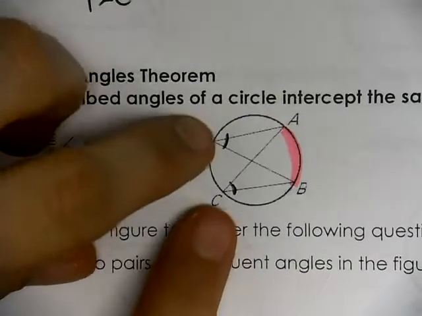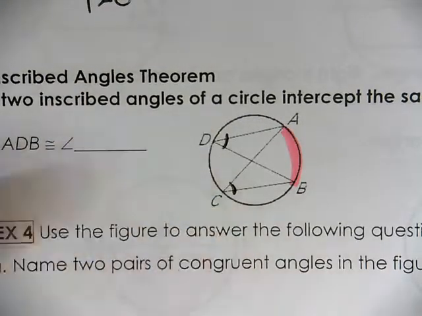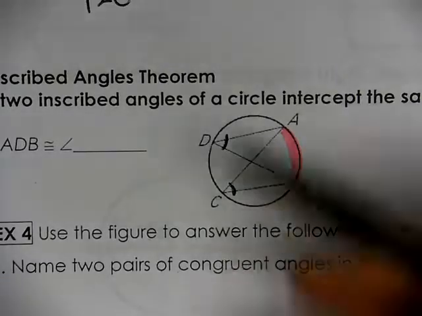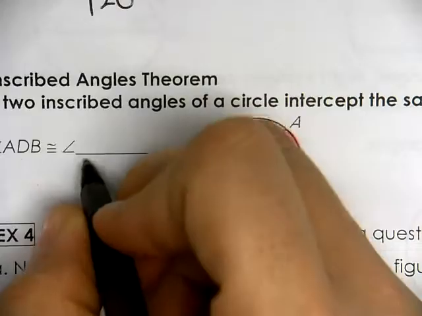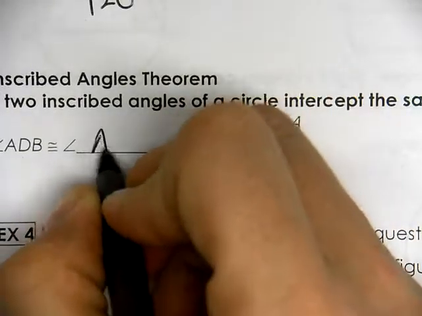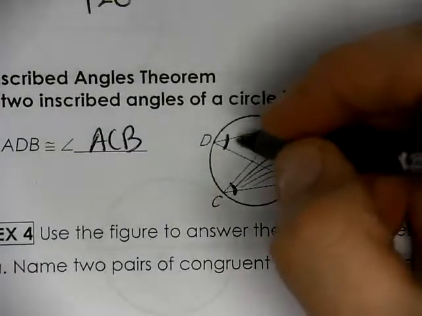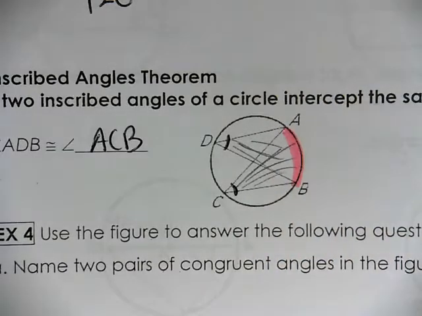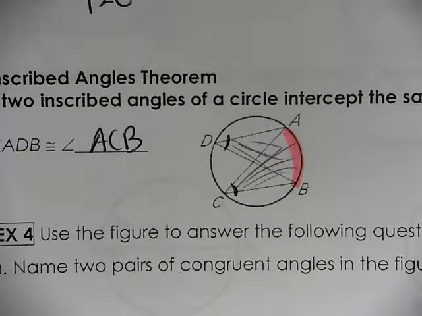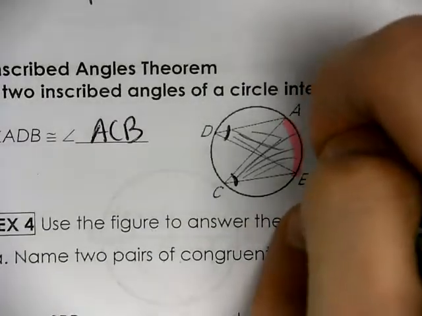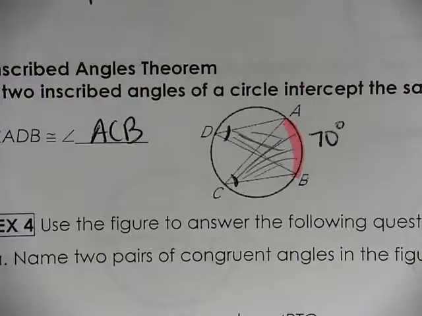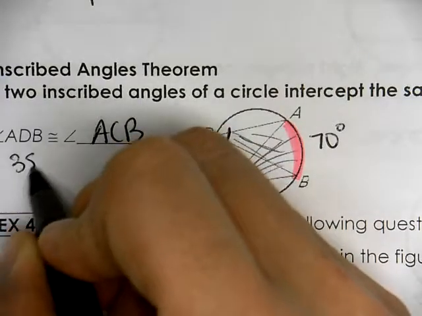What ends up happening is they end up being the same angle, just from opposite directions. So angle ADB and angle ACB are the same because they both shine onto that arc AB. Think about 2 spotlights shining onto the same person. Okay, they end up being the same. So if AB was 70 degrees, both of these would be 35.